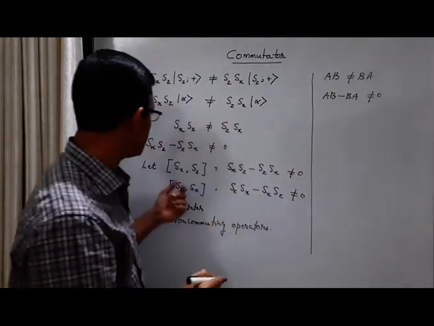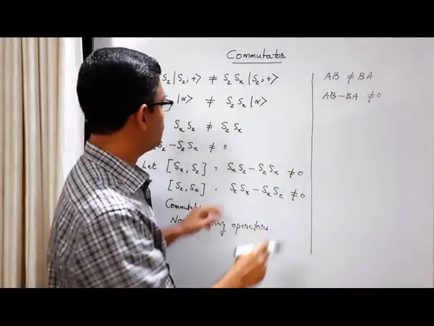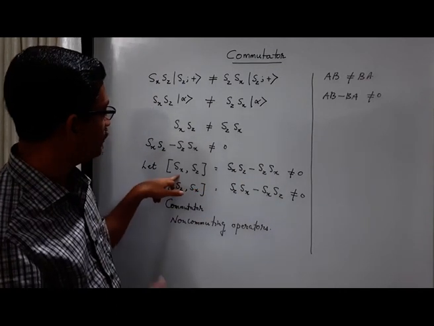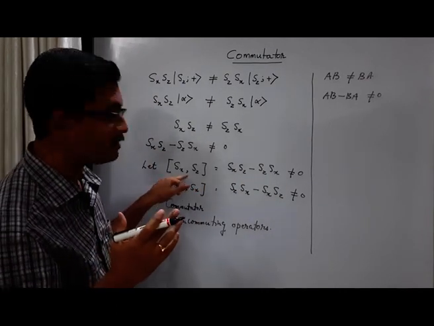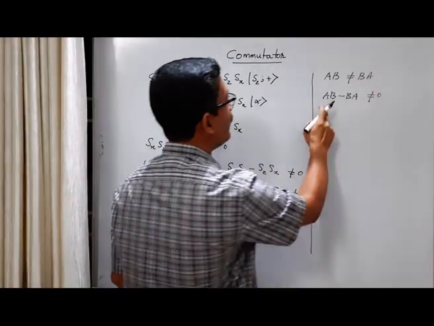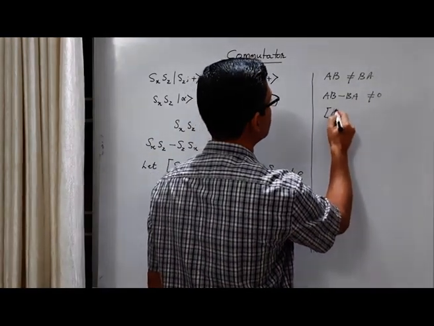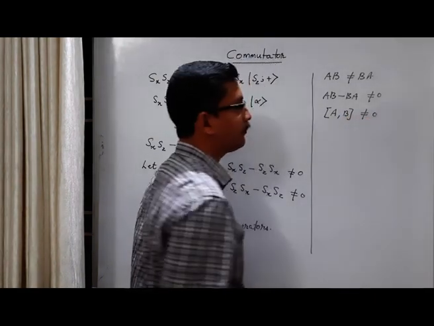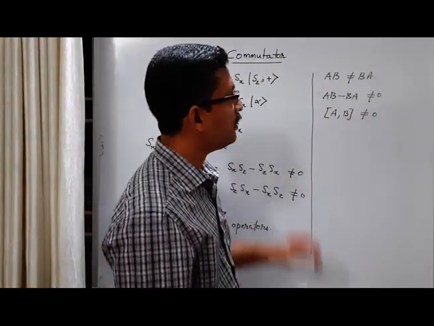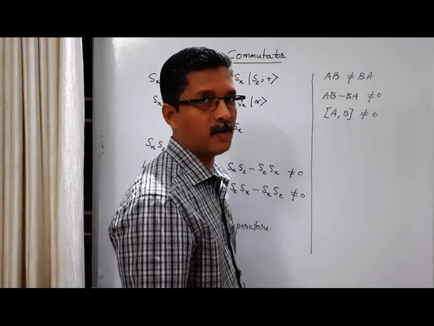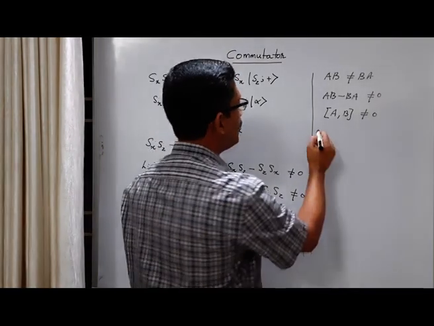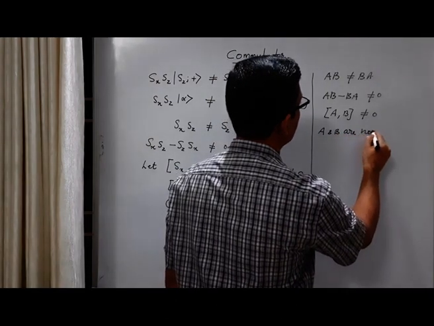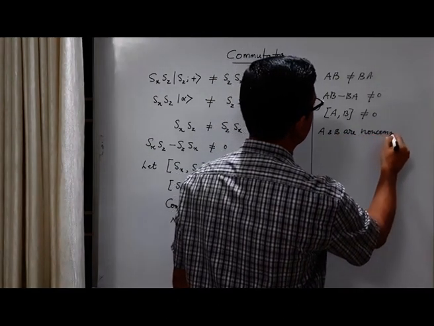Or if we use our shorthand notation, Sx Sh minus Sh Sx is written as the commutator in square brackets Sx comma Sh. In the same way, AB minus BA we write as the commutator in square brackets A comma B. Then we say that A and B are non-commuting operators.